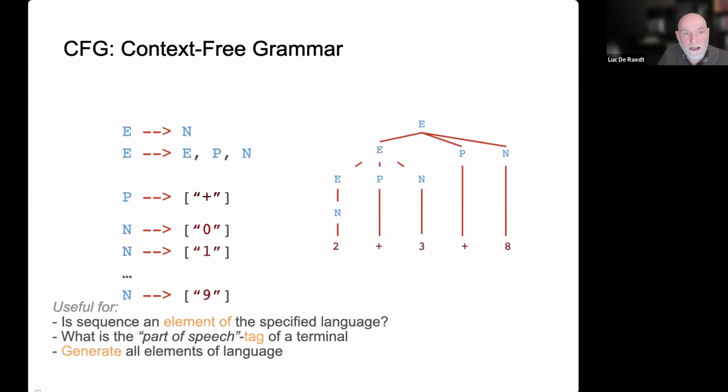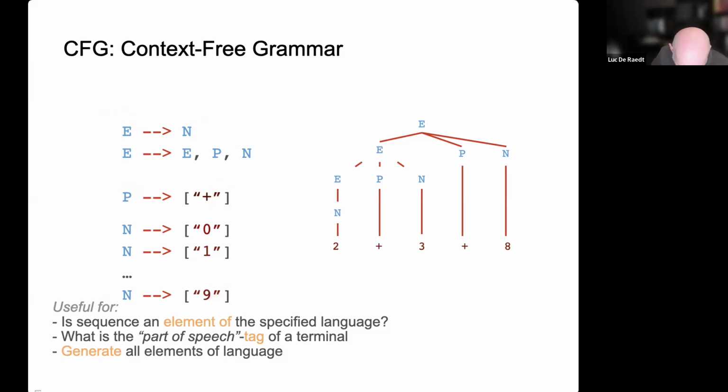That's starting actually from context-free grammars, which we all know from our computer science courses, I presume. So on the left, you have the context-free grammar. There are non-terminals like E, P, and N, and so on. And there are the rewrite rules.